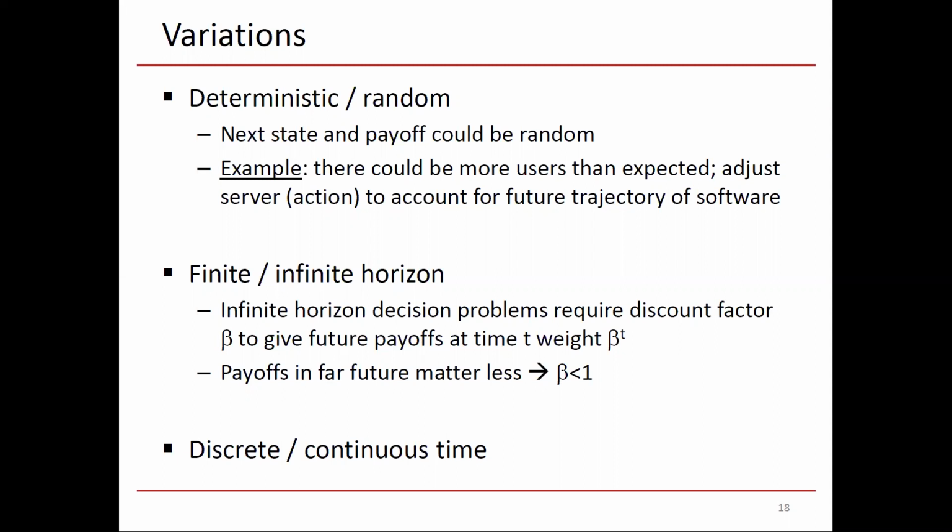Another variation on this dynamic programming theme is deterministic versus random. So far, I described a next state function and a payoff which are deterministic based on the action, but the next state and payoff could be random.